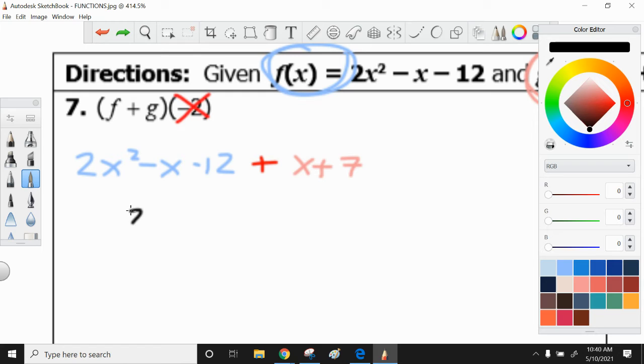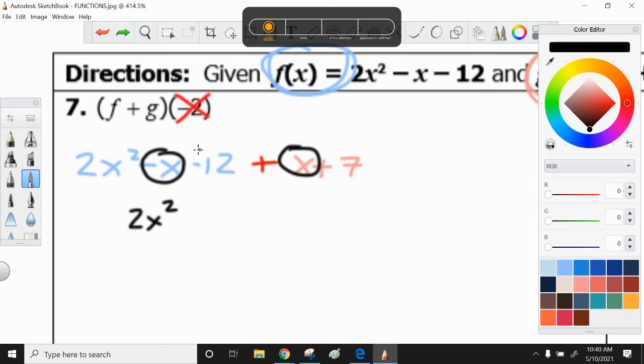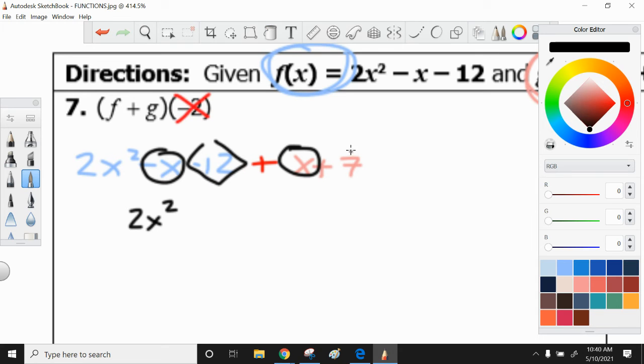Okay, so I've got 2x squared. I'm going to have to combine the minus x and the plus x. So that's just going to be 0x. And then the minus 12 and the plus 7 is going to be minus 5. Now, this would be the answer if it was an x inside here.